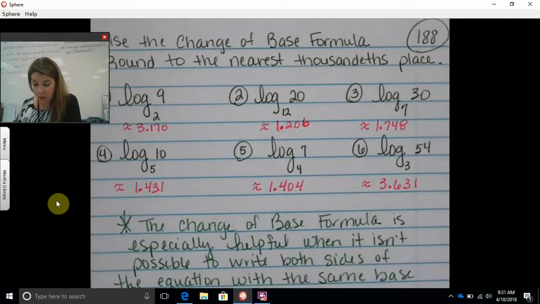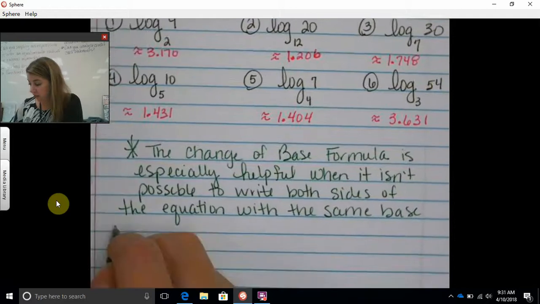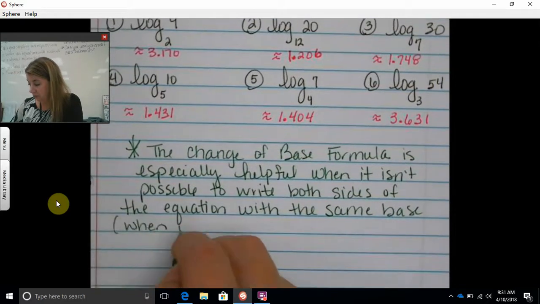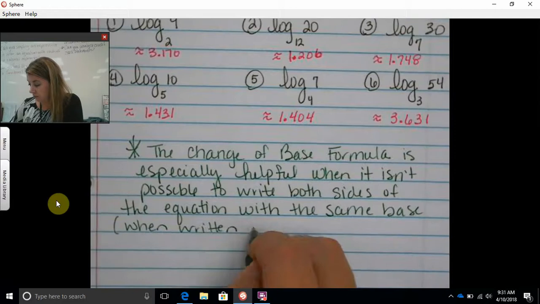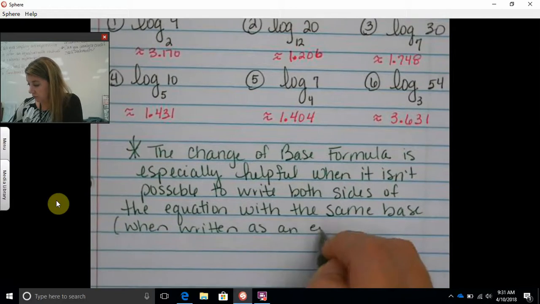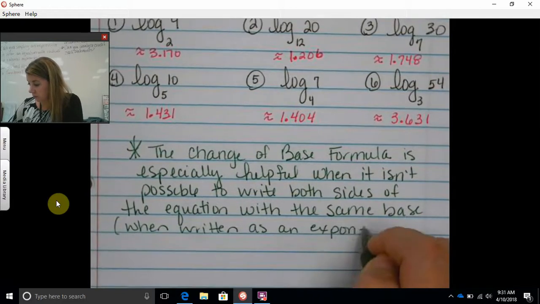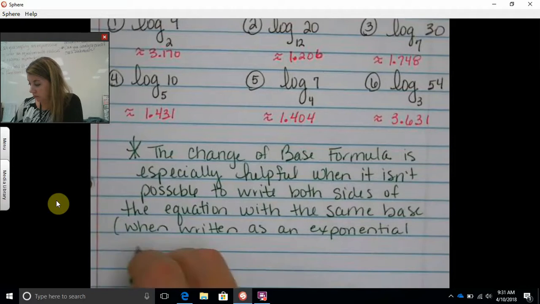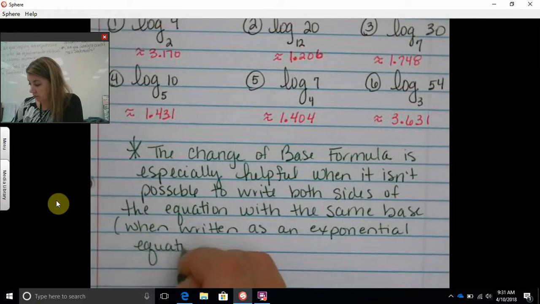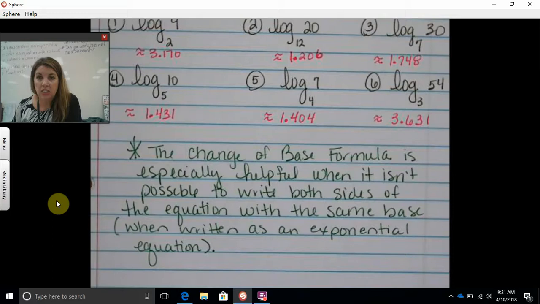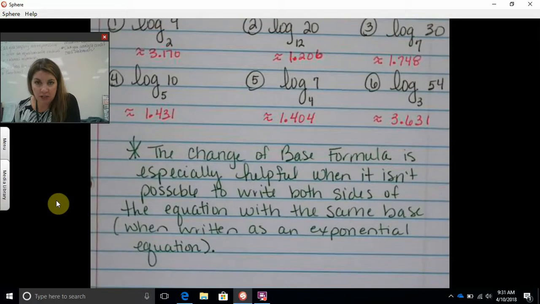And in parentheses, I put when written as an exponential equation. So like none of these examples, I don't believe any of them, if you went and wrote it as an exponential equation and tried to write it with the same base, both sides, none of them you could write with the same base, okay? So we kind of need the calculator for problems like the ones that you just did.